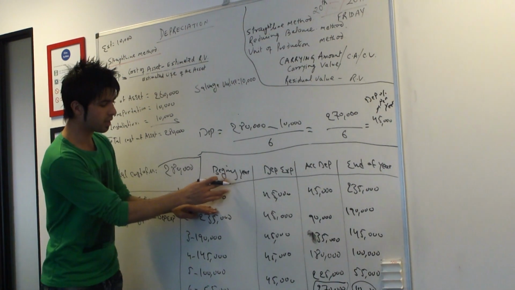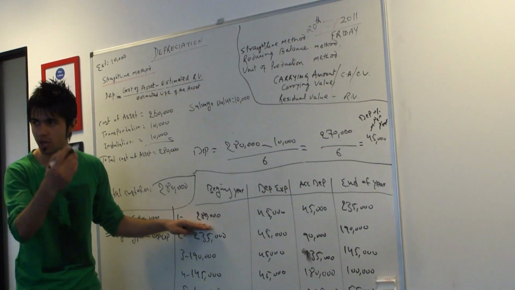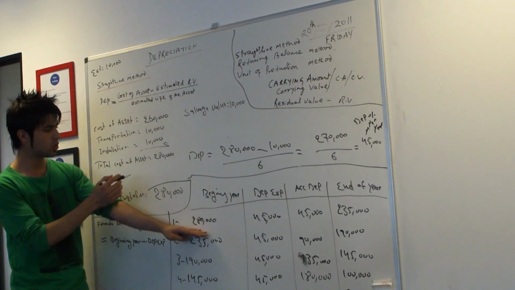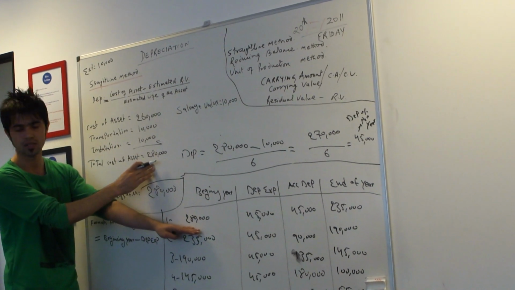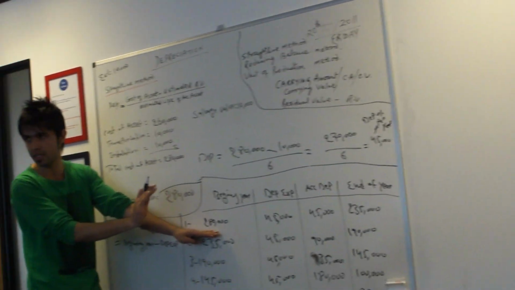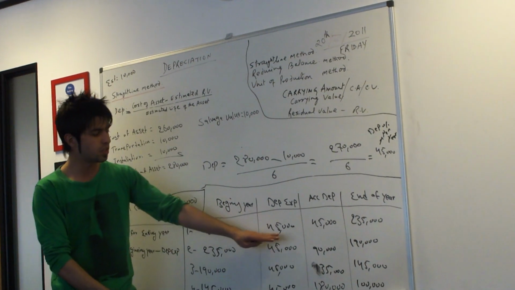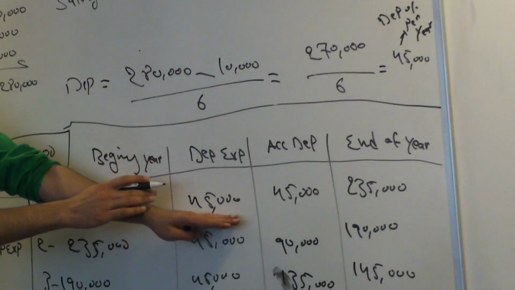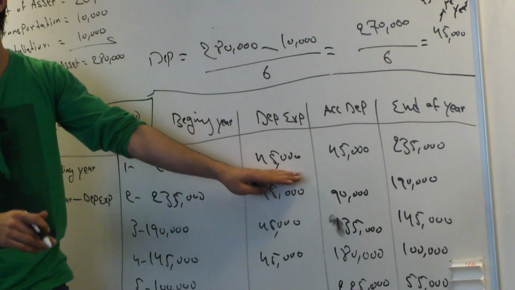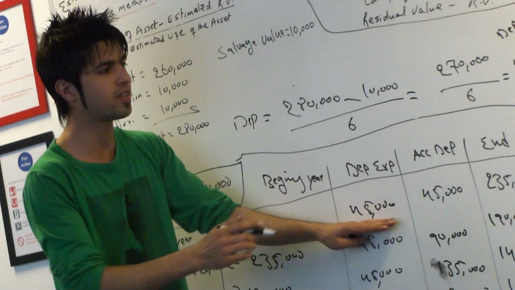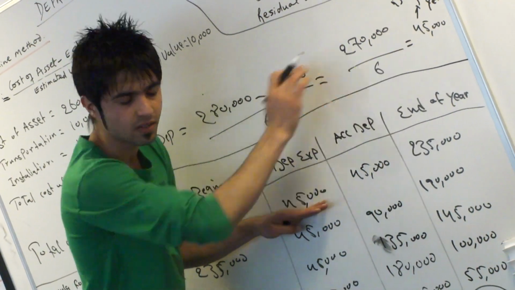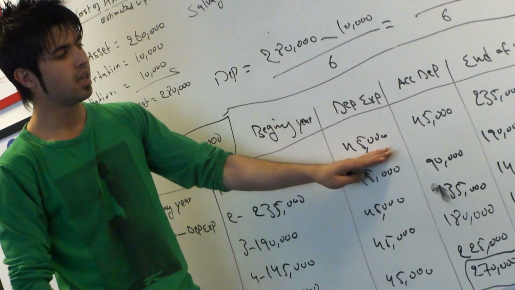So the beginning of year value, how much was it? 280,000. Clear? The depreciation expense, how much is it for each year? 45,000 that you calculated here. We put that one here.